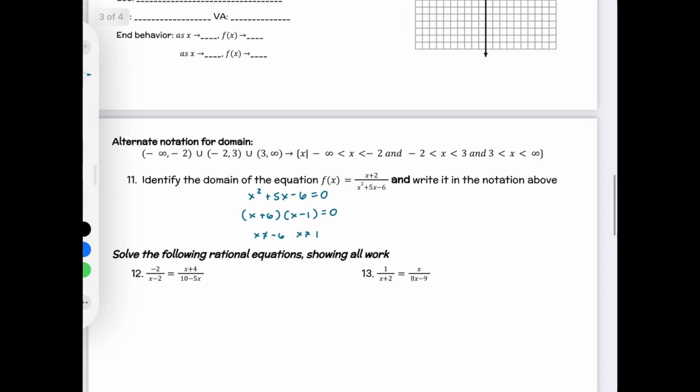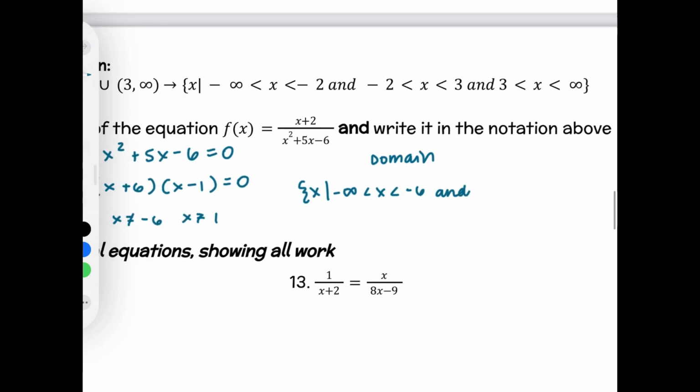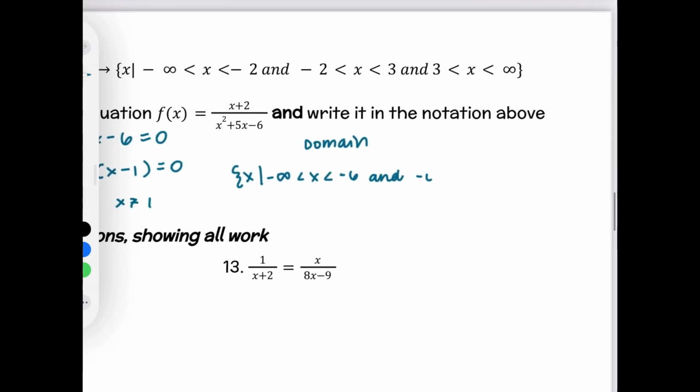So then this is where the weird notation comes in. Our domain is x. We're going to start at negative infinity just like we always do, but now we're going to use inequality symbols, and we're still doing it from least to greatest. Then we'll start up again at -6 and go to 1.